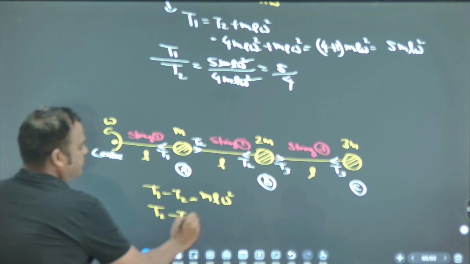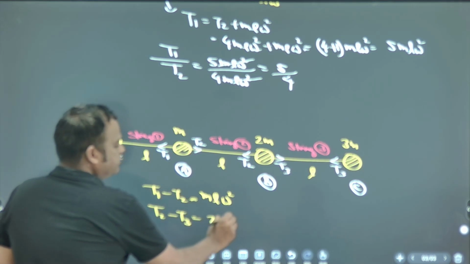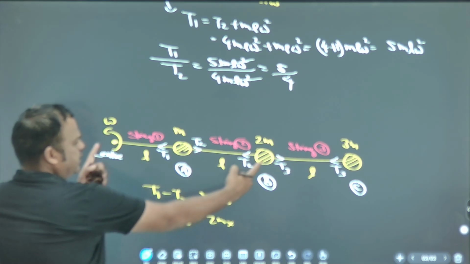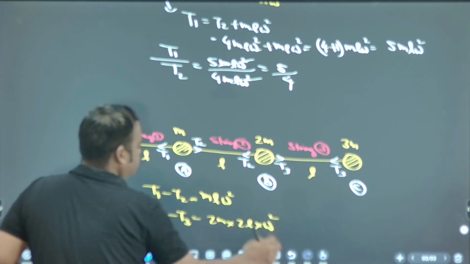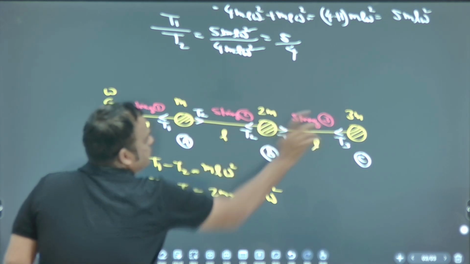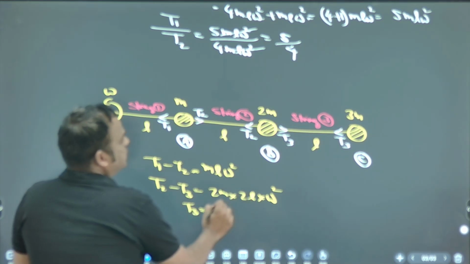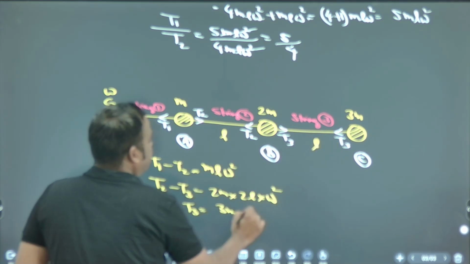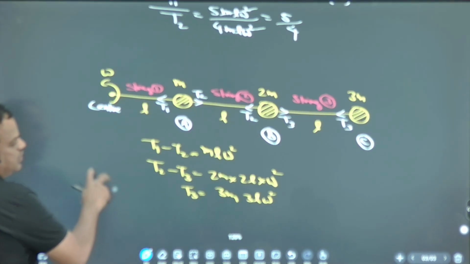T2 minus T3. Very good. T2 minus T3 is equal to 2M, what is the radius? 2L omega square. Correct. Now for third what you write? T3 is equal to 3M, 3L into omega square. Correct. Very good. So now you solve this.